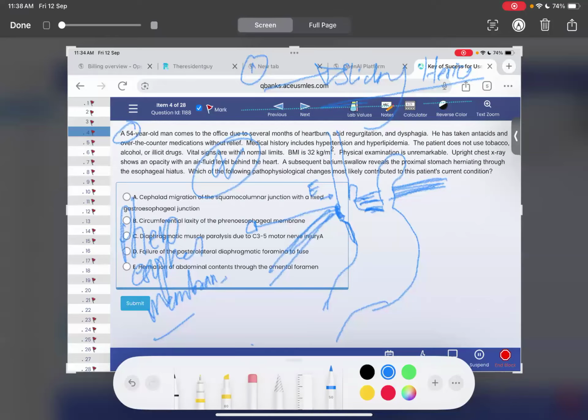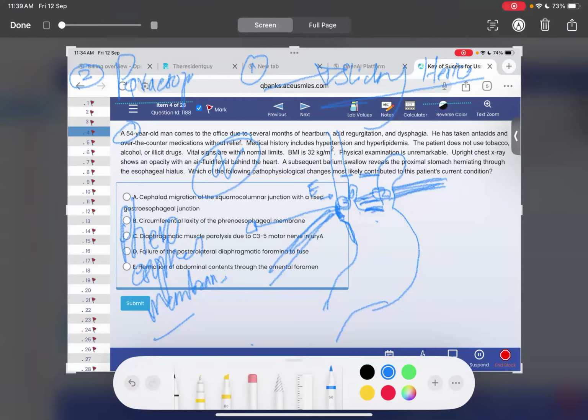This type of hernia is called a paraesophageal hernia. It lies alongside the esophagus. The sliding hernia goes through the phrenoesophageal membrane, with relaxation of the gastroesophageal junction, while here there is a defect. Have you got the point?